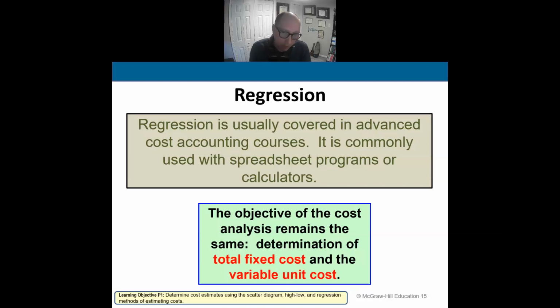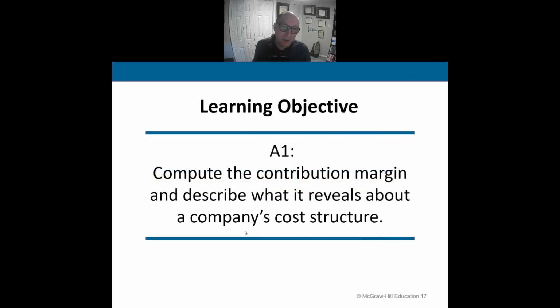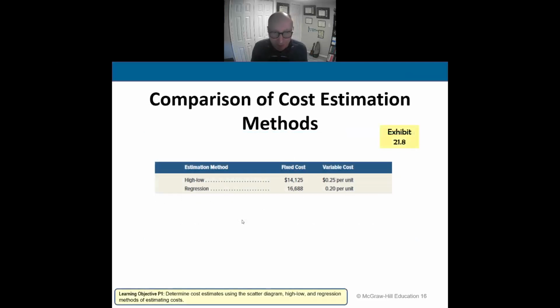So we look at the ways to determine total fixed cost and variable cost per unit using regression analysis. That sounds like a pain. Yeah? You can compare after you do regression analysis, which we're not going to do. I'm not going to have you do that. But you can see there's a couple of differences based off each method that you use.